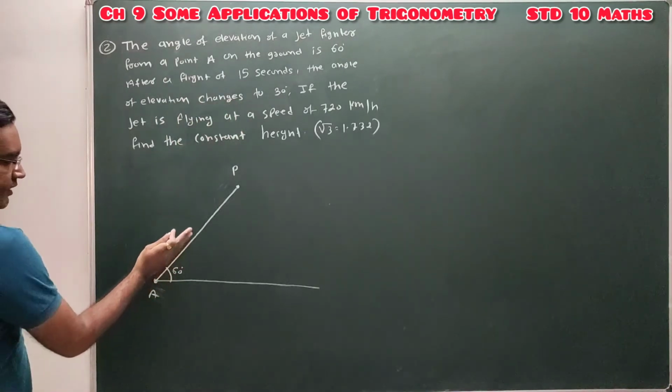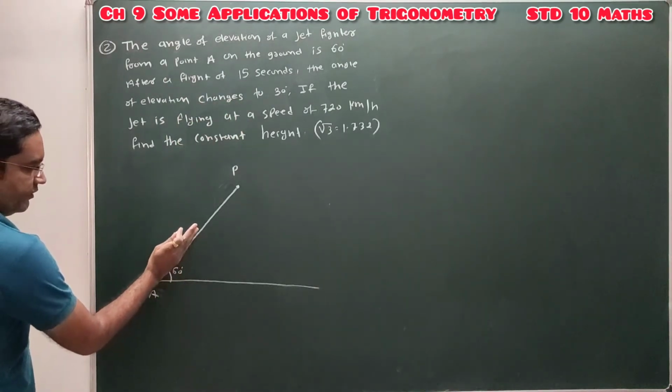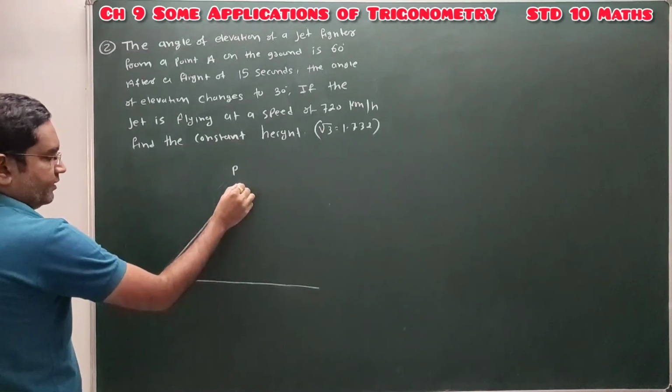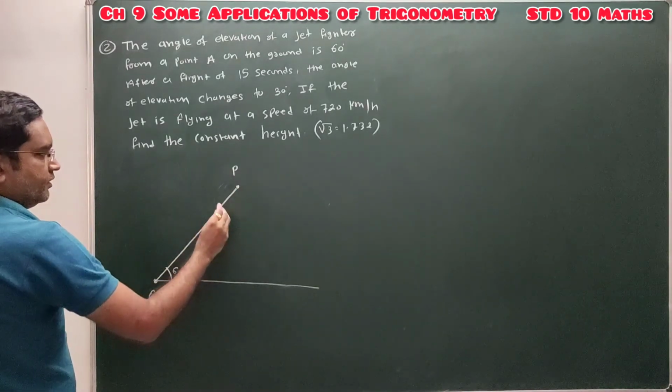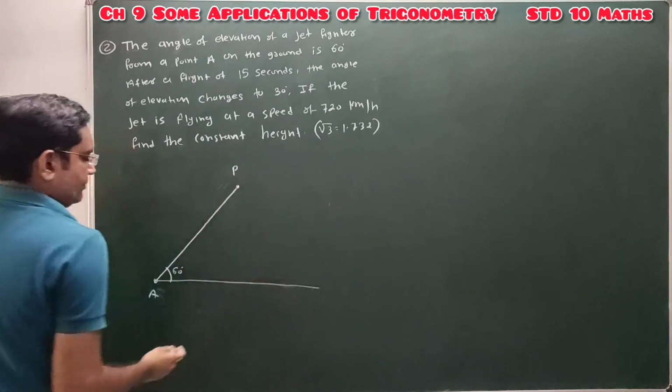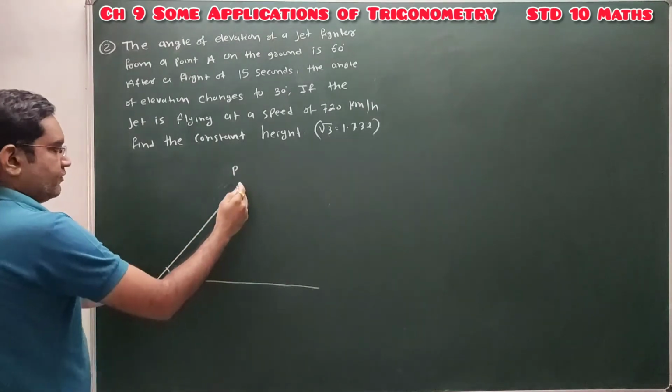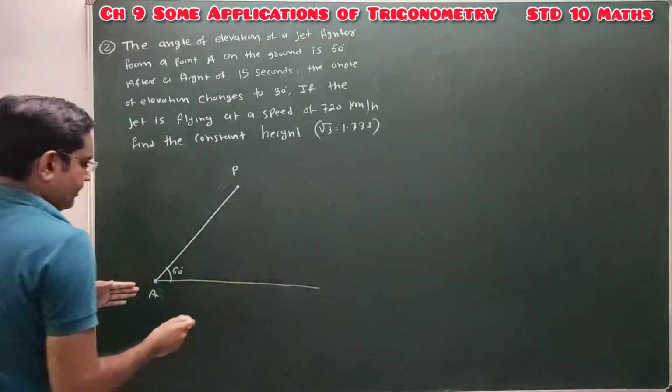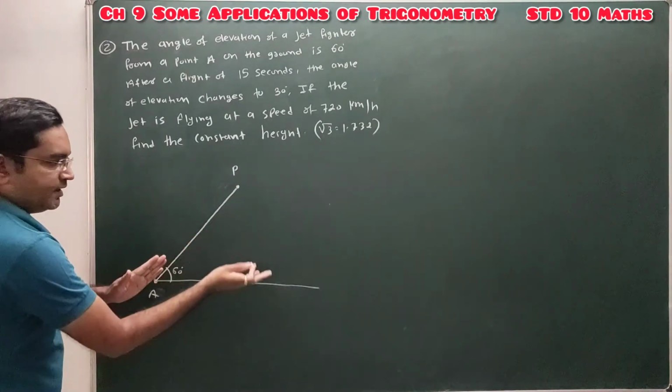So the angle of elevation decreases, and this angle will decrease if the fighter plane is moving away from the observer, okay? So here our fighter plane is moving away from the observer and that's why the angle of elevation decreases.